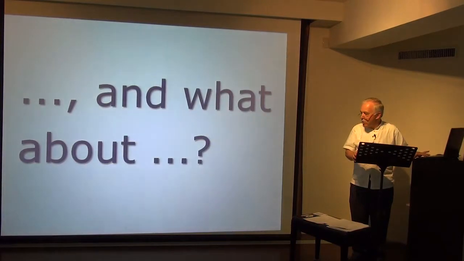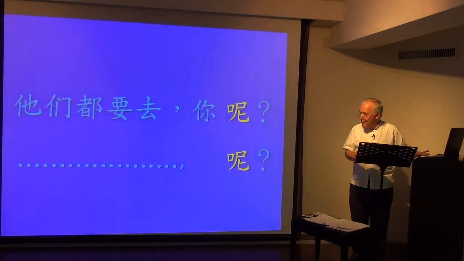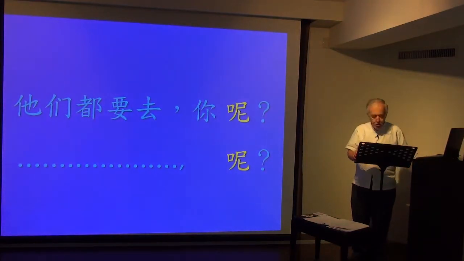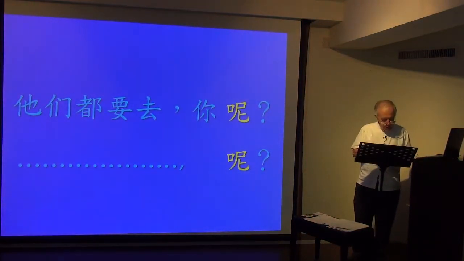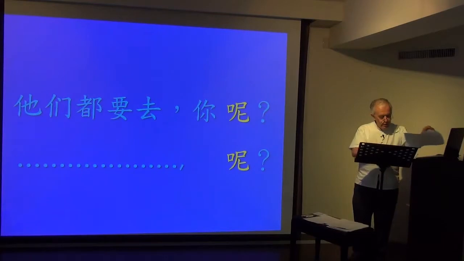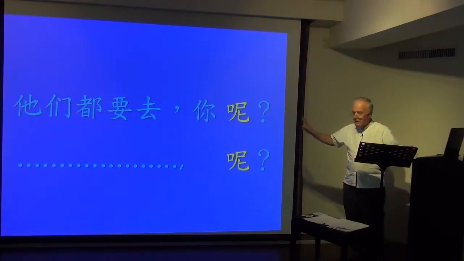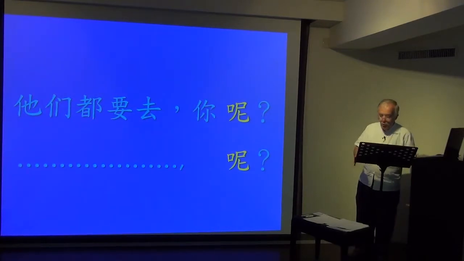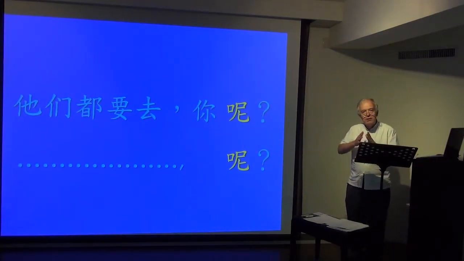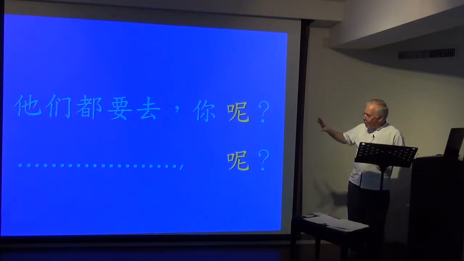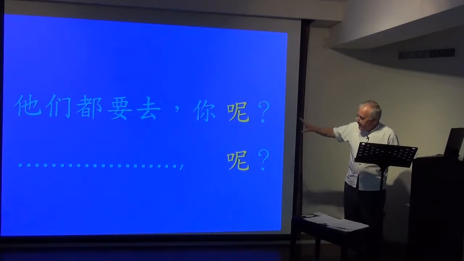Let's look at this. And what about? It's the use of ne in Chinese. 他们都要去，你呢？ Ne is used in two different situations. One is at the end of an abbreviated question following straight on from a statement just made, and therefore, because the person understands the context, you only need to put a little.